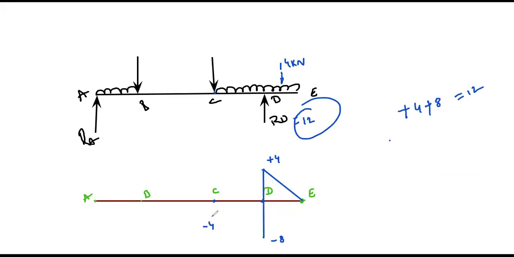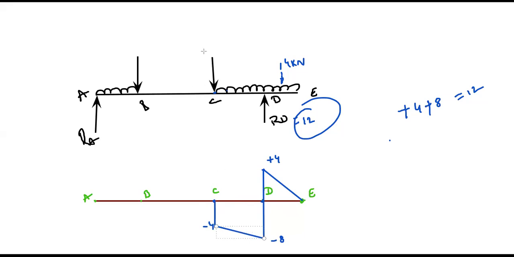So this is the minus 4. Then from this minus 4, if I go plus 4 upward, it will be 0 over here. That's why minus 4 plus 4 will give the 0 result. Between C and D we have UDL, so between C and D we need to draw an inclined line.